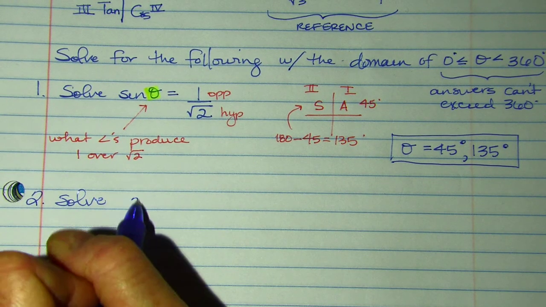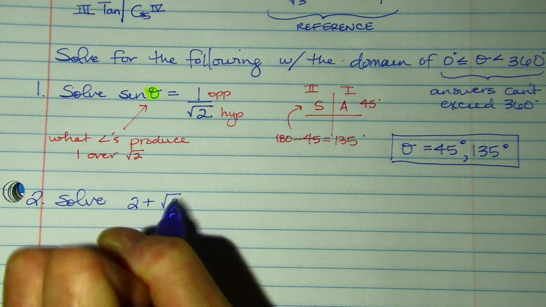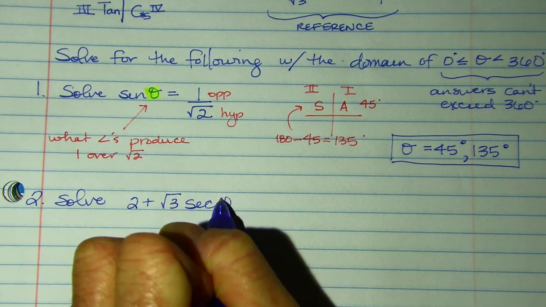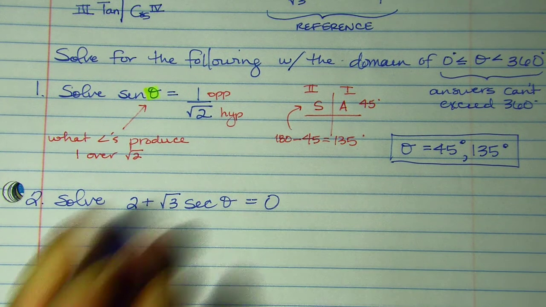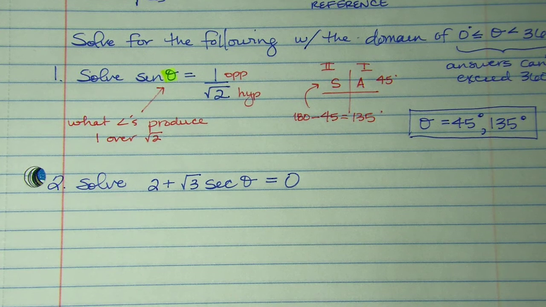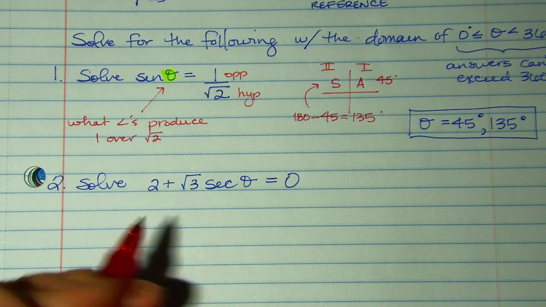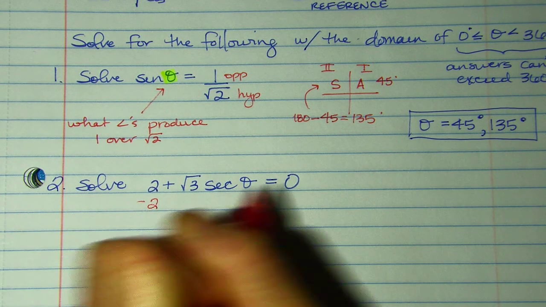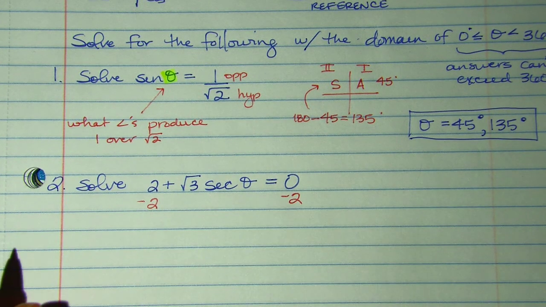Okay. So next one, solve 2 plus root 3 times the secant of theta, which equals 0. I've got quite a bit to do, but I want you to treat the secant of theta like you would x. So I need to get it by itself, so the first thing I'm going to do is subtract 2 and rewrite that.